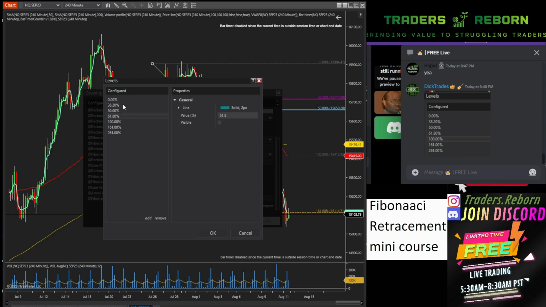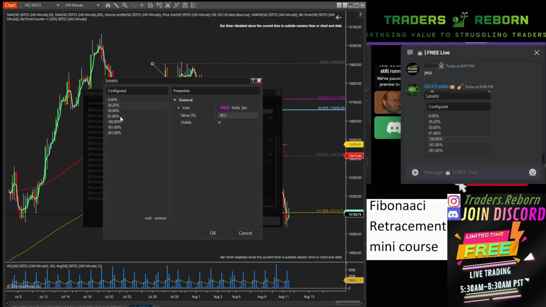Depending on the platform and the way you draw it, some, like Thinkorswim, you draw from the top to the bottom, but in NinjaTrader, you draw from the bottom to the top. So certain platforms are a little bit opposite. I forgot what TradingView is, but always make sure the 100% is facing towards the direction of the trend. The direction of the trend should always be where the 100% is.